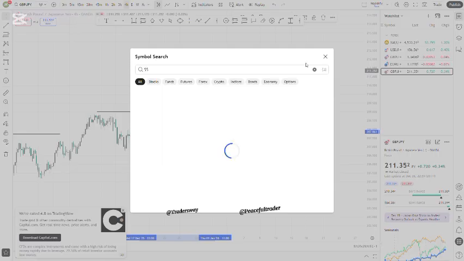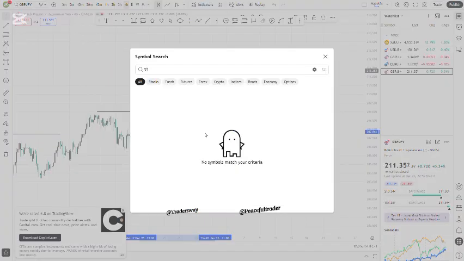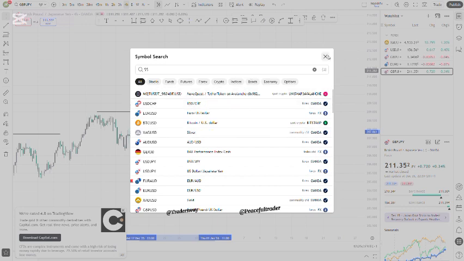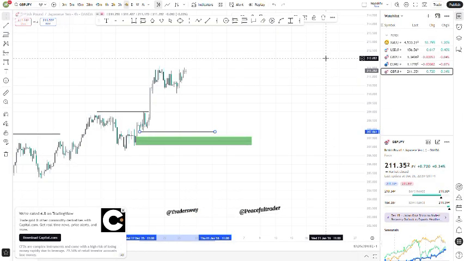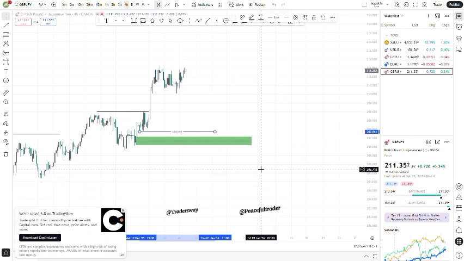And for people that don't know how to use sell side liquidity, let me explain it. How to use sell side liquidity and buy side liquidity.